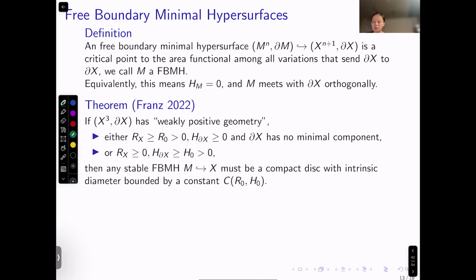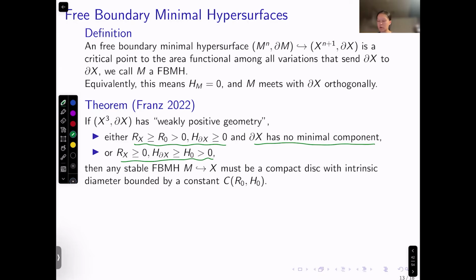And Gia proved that if you have non-negative scalar curvature and non-negative mean curvature, and if one of them has a strict sign, and also the boundary doesn't have any minimal components, then any stable free boundary minimal surface has to be a compact disk.